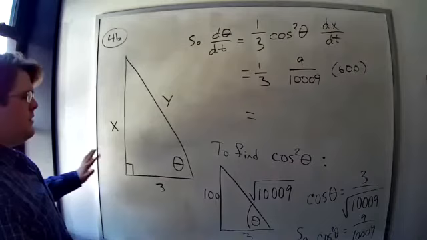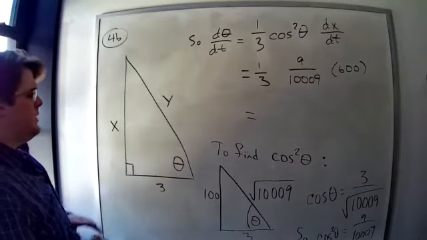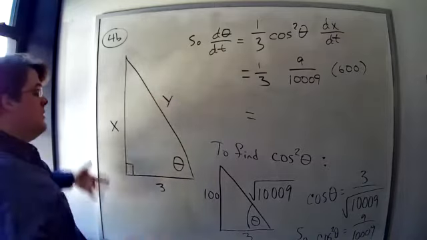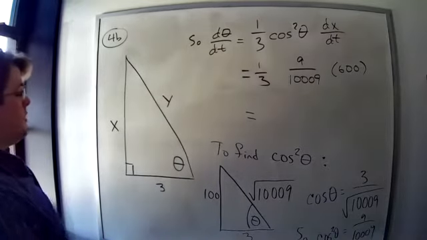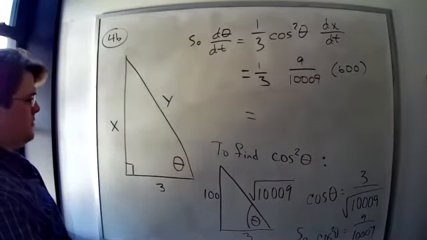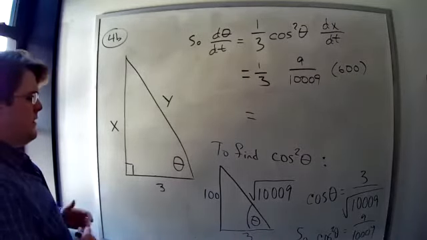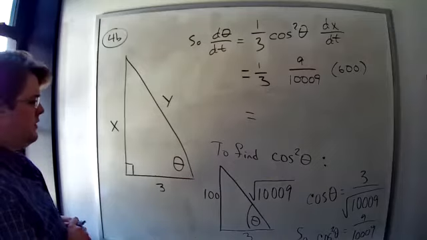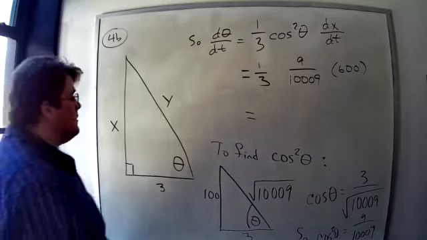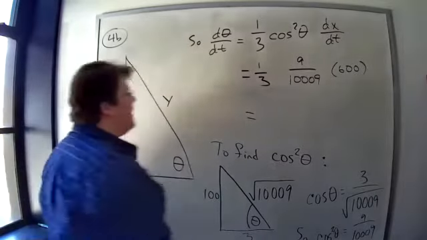Any questions about finding cosine squared of theta? So notice we did need to eventually figure out something about the hypotenuse, even though it didn't show up in our equation. Any questions about finding cosine squared? That last fraction doesn't reduce because 10,009 is not divisible by 3 or 9.